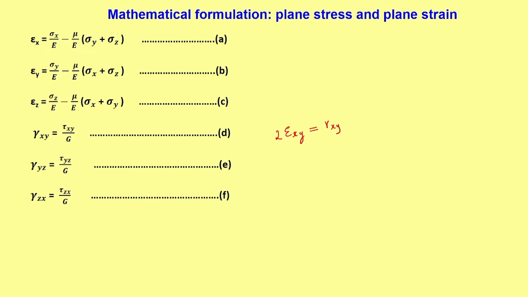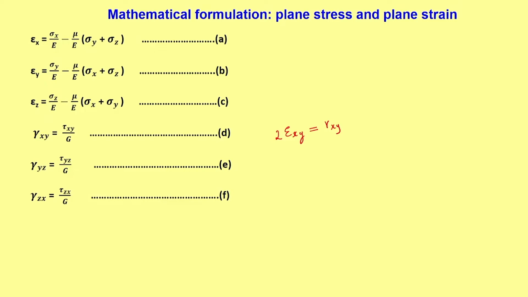Now, for plane strain or plane stress. In the case of plane strain, the given condition is that the strain is equal to 0. So, we need to have the inverse of this relationship as well, that is, stress in terms of strain.